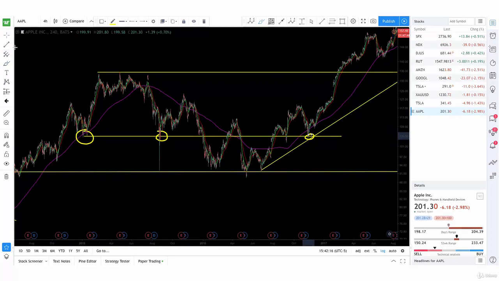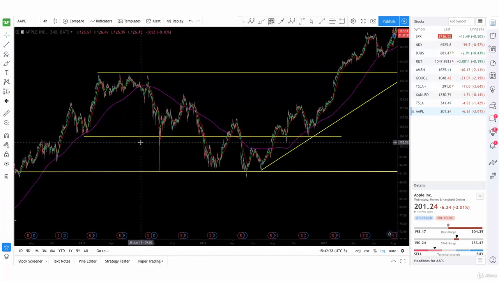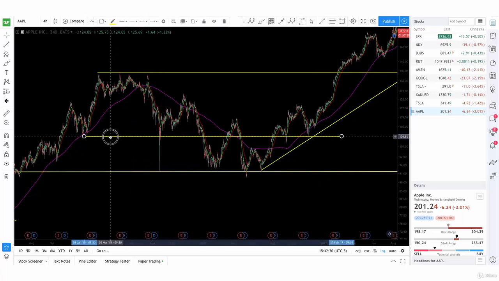So this is not something that is going to be 100% accurate. Every single trader is going to make their own trend lines different. They're just not going to be 100% the same, because there's so many ways to do it.